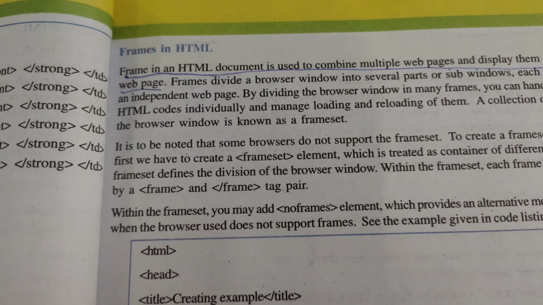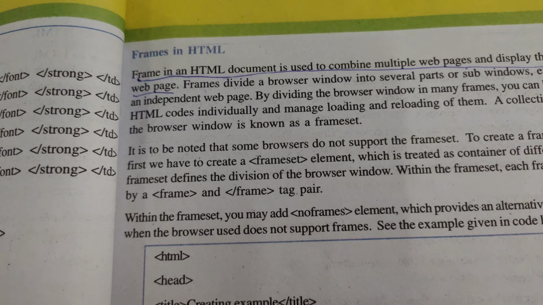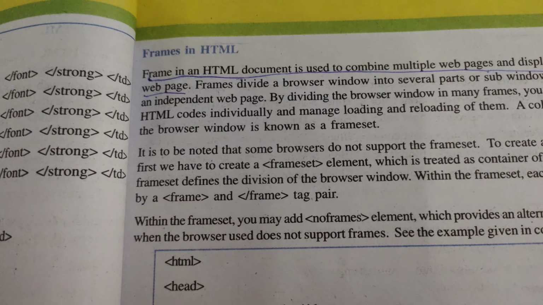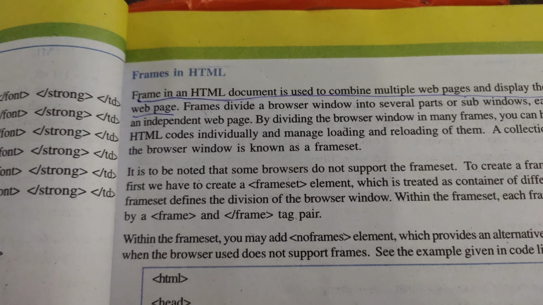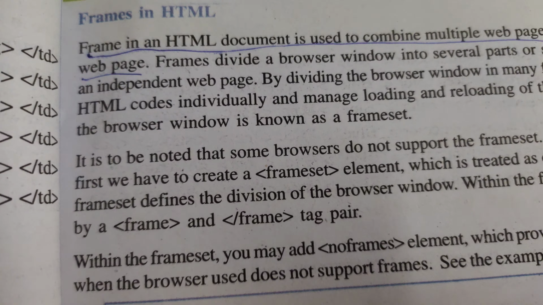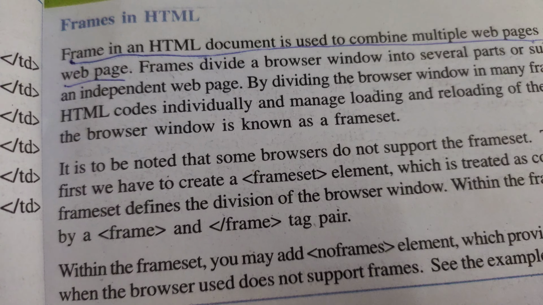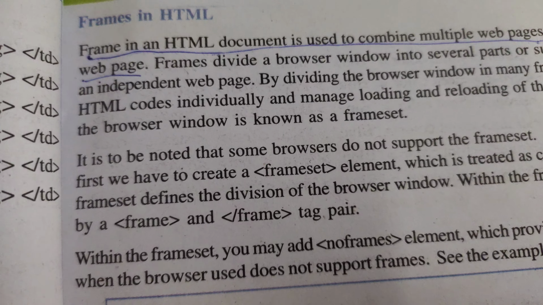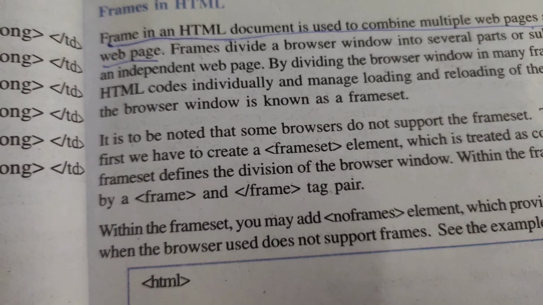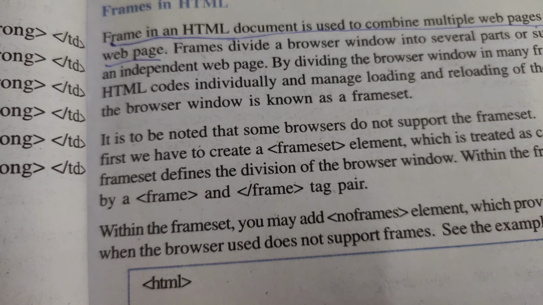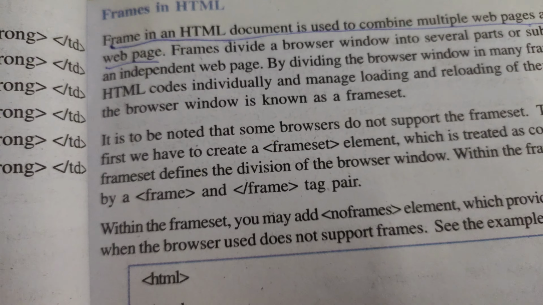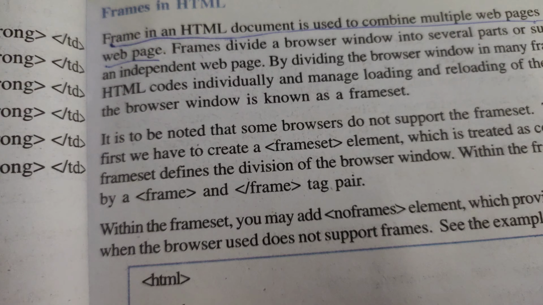Frameset element is the command for adding web pages in a single web page. Frame has an opening tag and a closing tag. This is the pair of commands for adding frames.